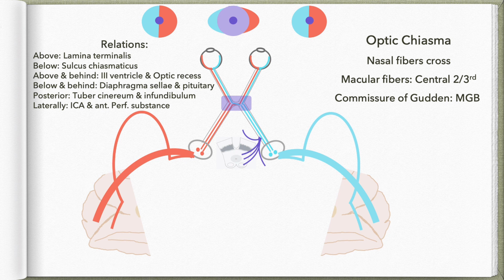So this is again an important relation because aneurysm of the internal carotid artery in this region will result in compression of the optic chiasma from the lateral side.